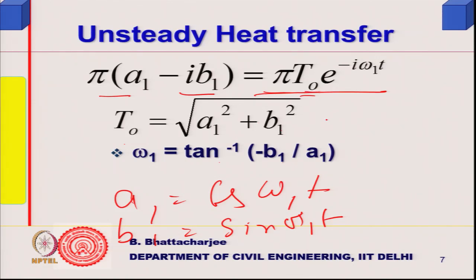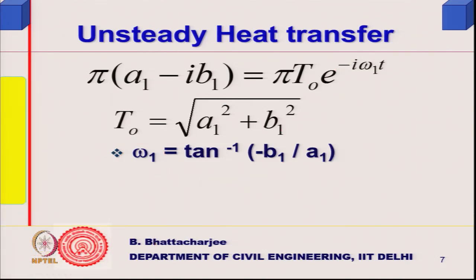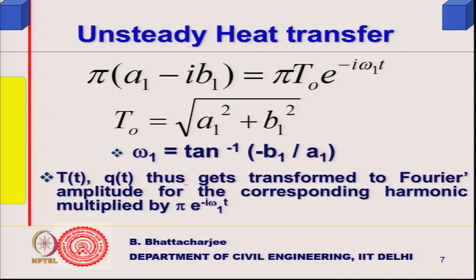So T0 and e to the power tan inverse of b by a gives me this angle omega_1. So it actually follows from here that T thus gets transformed into Fourier's amplitude corresponding to the harmonic multiplied by e to the power i omega_1 t.